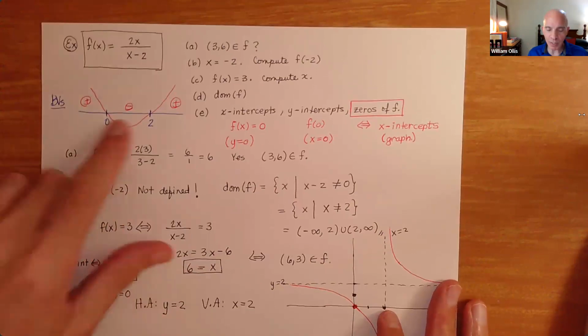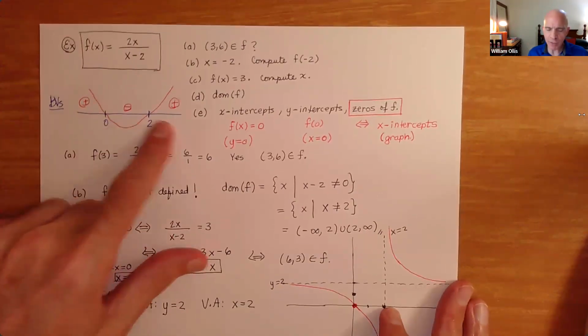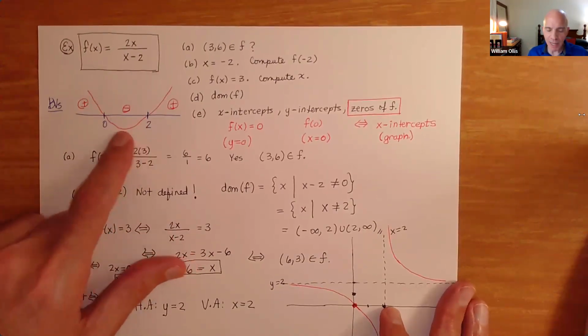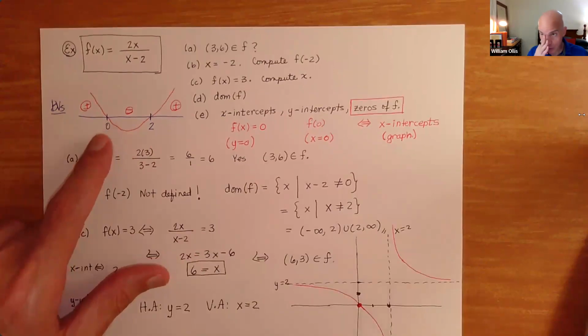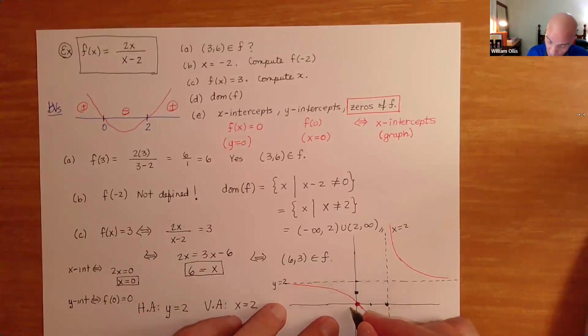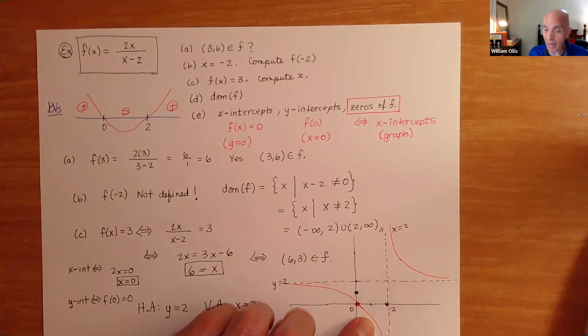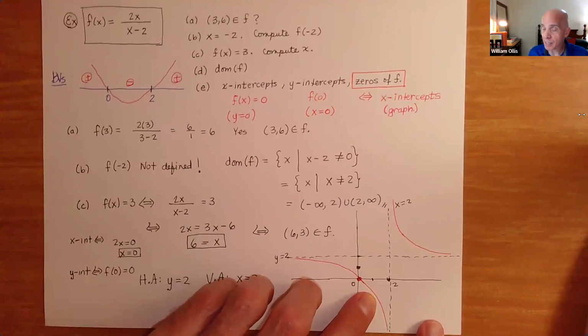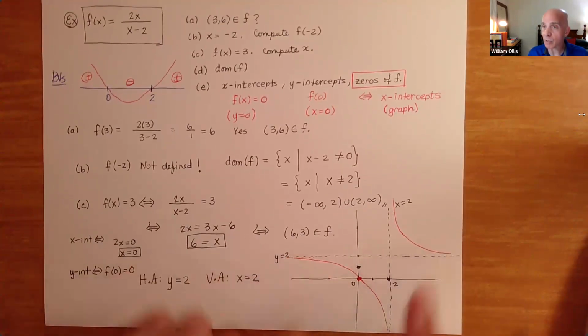But notice when we look at the sign convention here, it's very restrictive. The only interval for which the function has negative values is between 0 and 2. That's the only place where the actual values of the function are less than 0. Otherwise, they're greater than 0.